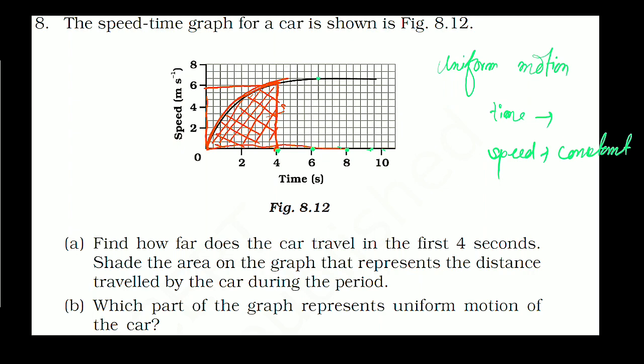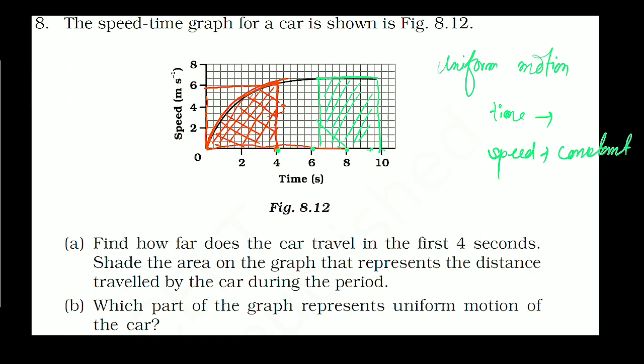Now look closely at the graph, from this position, if you clearly observe, this is the portion where the speed remains constant. So if we set this part, then it will be clearly visible for you to understand which part represents the uniform motion, right? So this is going to be the part.